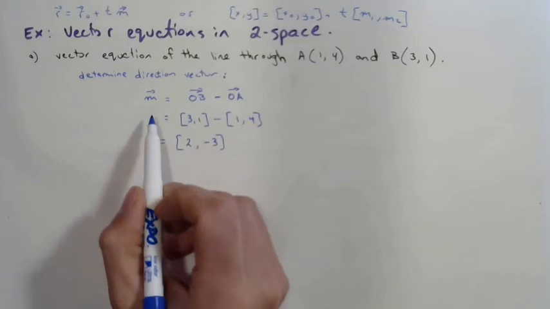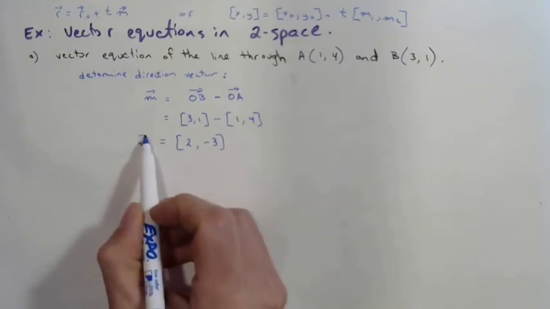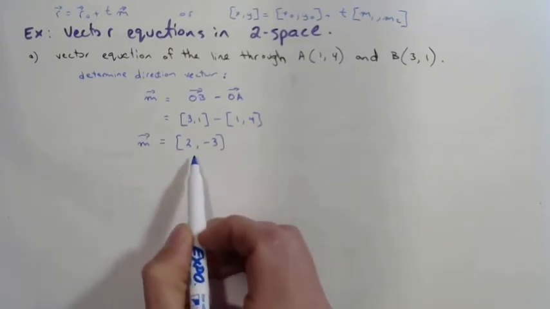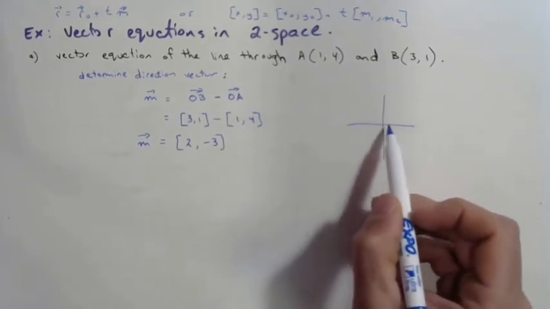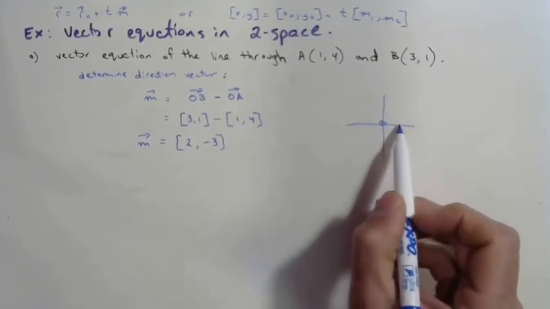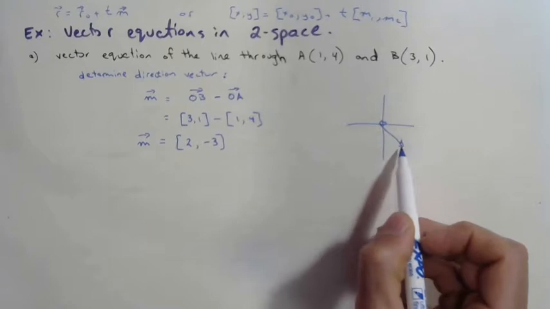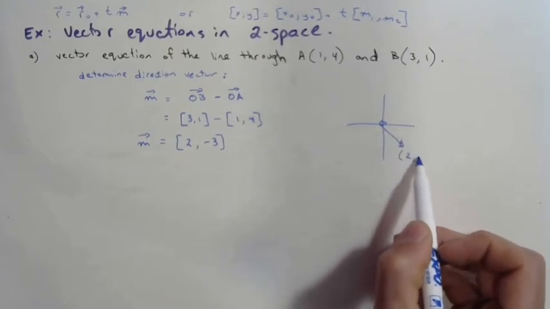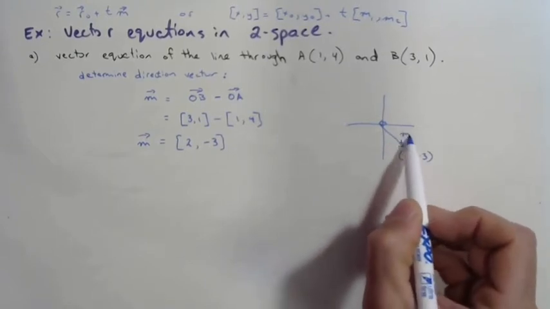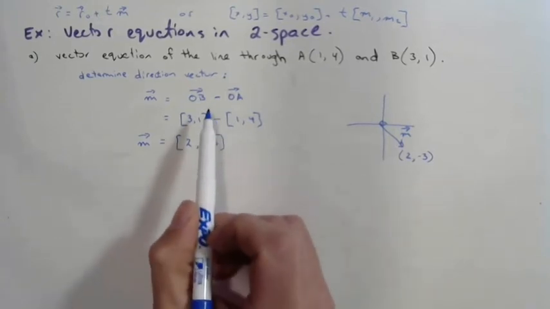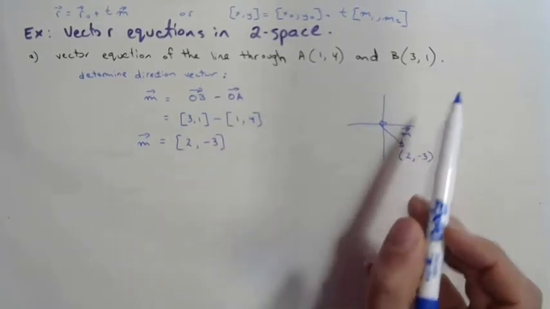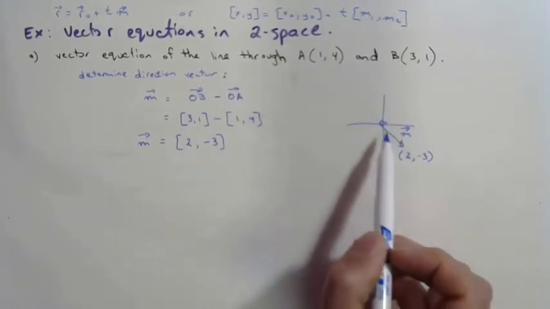Now, this is a direction vector m. It has its tail at the origin and is heading to 2, negative 3. Okay, so it looks like this. Now, the line that goes through A and B is going to be parallel to this line.